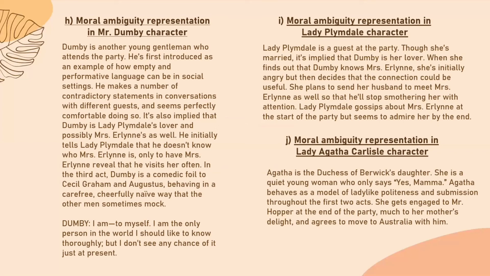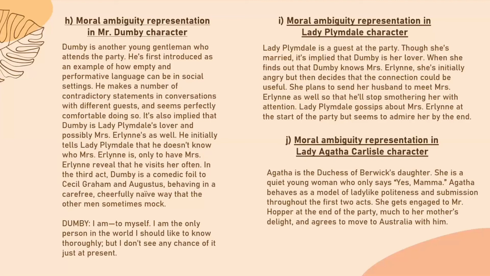He is first introduced as an example of how empty and performative language can be in social settings. He makes a number of contradictory statements in conversation with different guests and seems perfectly comfortable doing so.